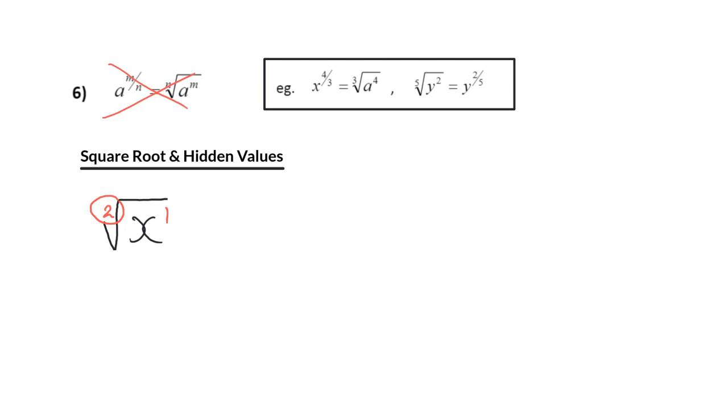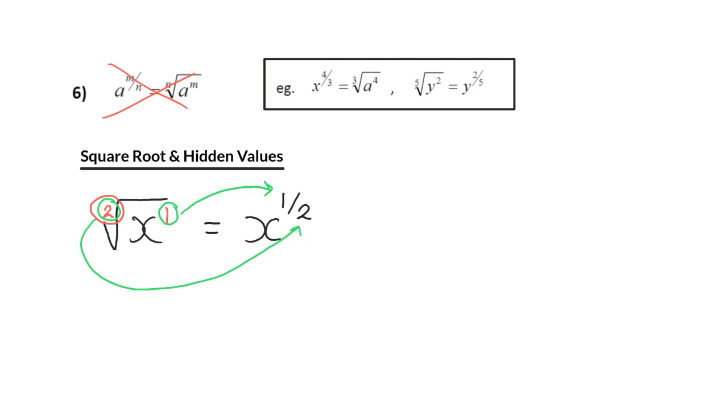And that's the rule I want you to remember. I want you to remember that the square root of x is the same as x to the power a half. What that will do is let you see that the 1 will be on the top of the fraction and the 2 on the bottom of the fraction.